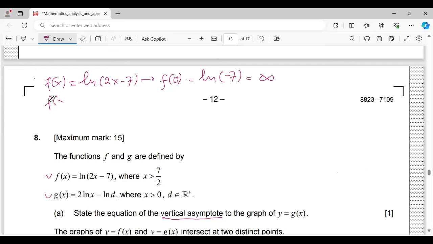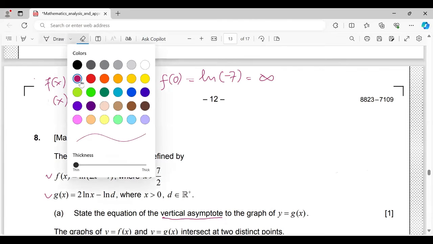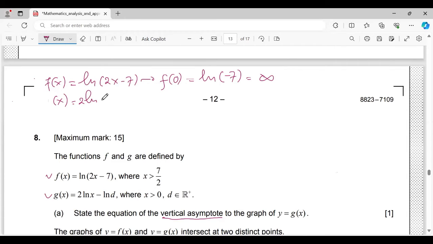The next is gx, which is 2 ln x minus ln d.